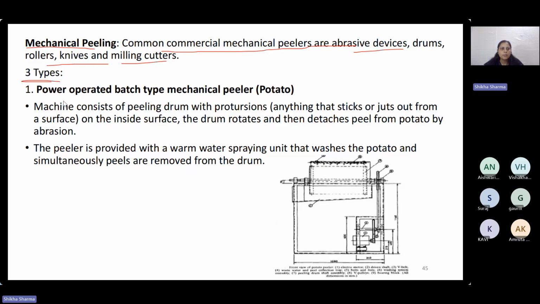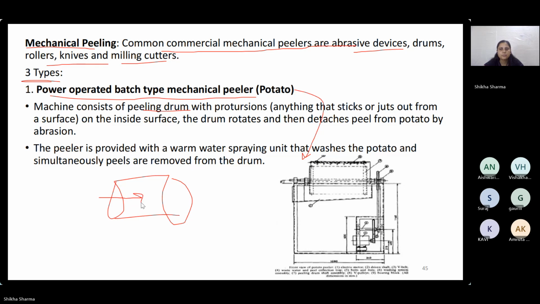One is the power operated batch type mechanical peeler, which is used to peel potato. It has a peeling drum like this, a drum where the food product will be, and it has protrusions on the inside surface like this.